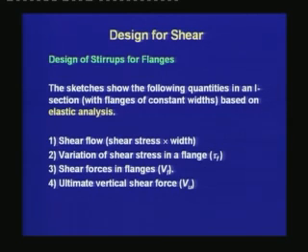We shall see the variation of shear stress in the flange, which will be represented as tau f. We shall see the shear force in the flanges, which will be represented as Vf, and we shall calculate the ultimate vertical shear force, which is represented as Vu.